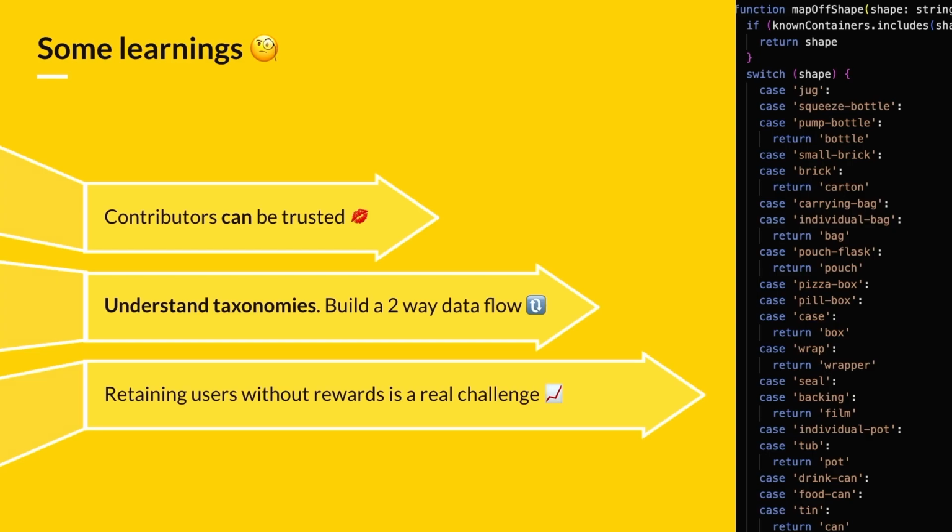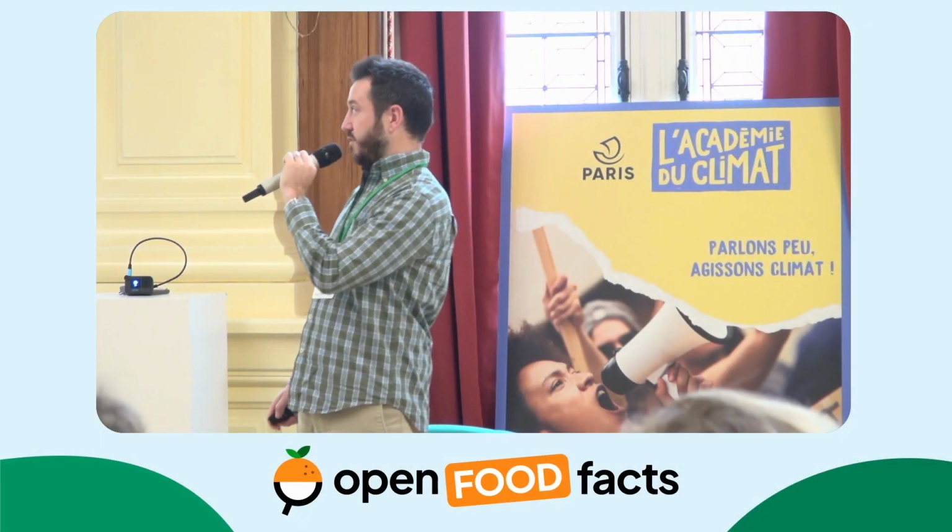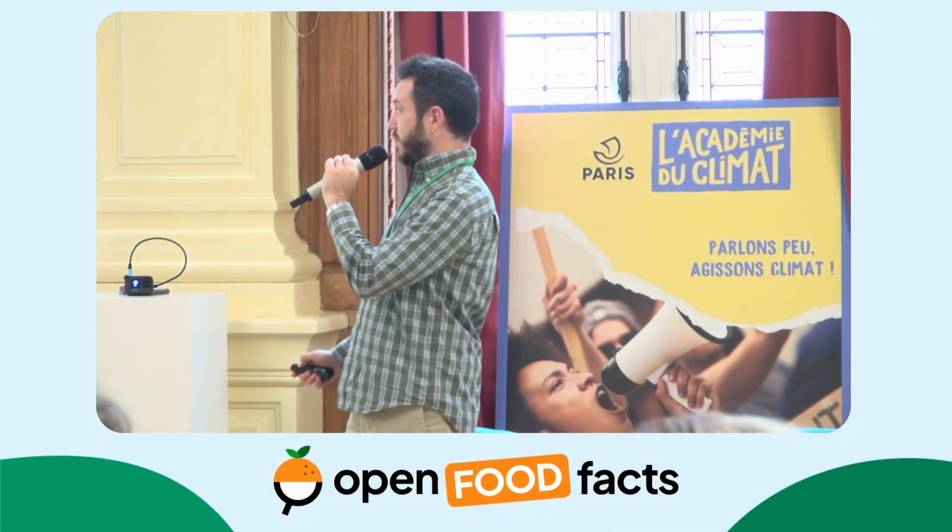But it turns out that we've had nearly 30,000 contributions through our app, and I think over 95% of them are completely accurate. So I put a little KISS emoji here, because that's something we keep in mind when building our features now: keep things simple. Just trusting that everyone will do the right thing has served us well so far. That's my first learning.